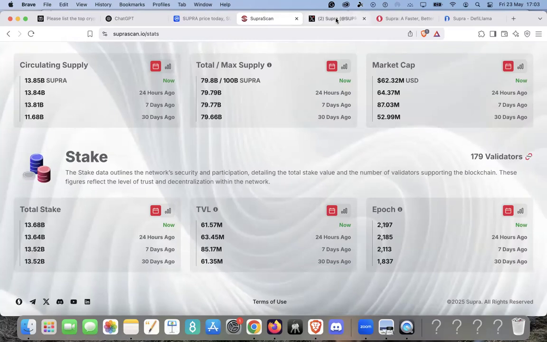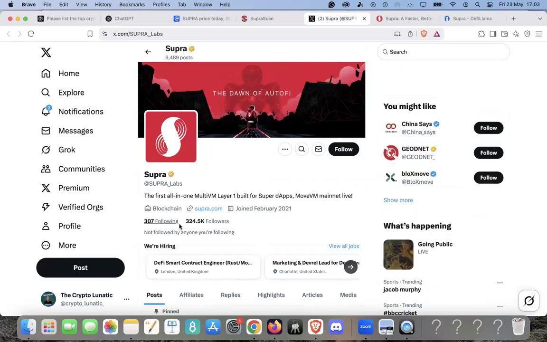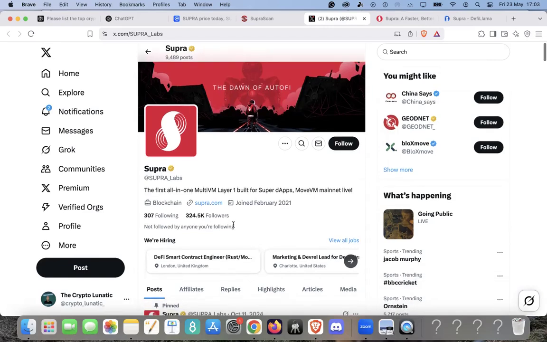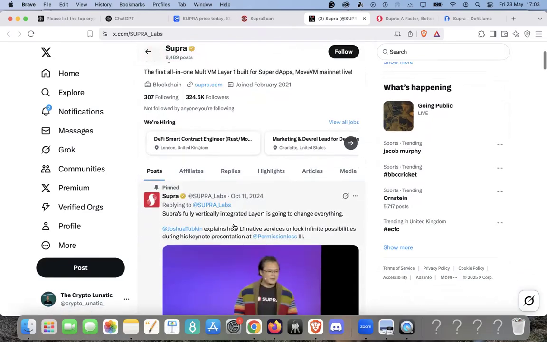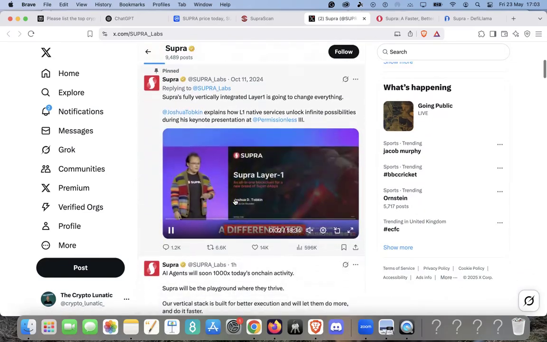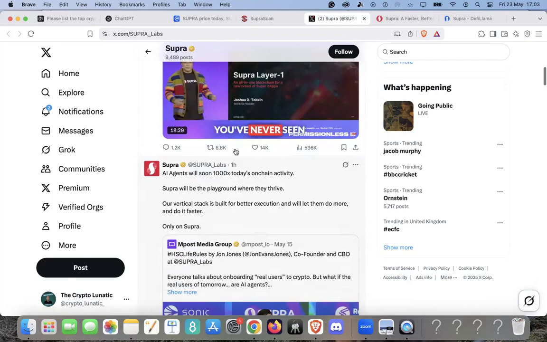We go on their X account. And here we see, for a low cap project, a lot of followers. Now that's good. In fact, that's so good, it makes me wonder how many of these might be bots. So I'm taking that with a pinch of salt, because you never really know. So we see a pinned post from last year there, but we also see a tweet from 1 hour ago.